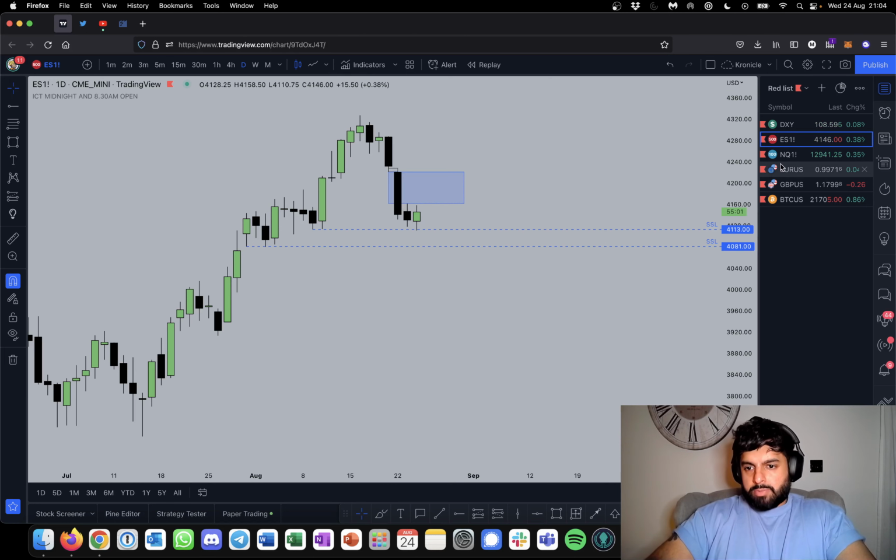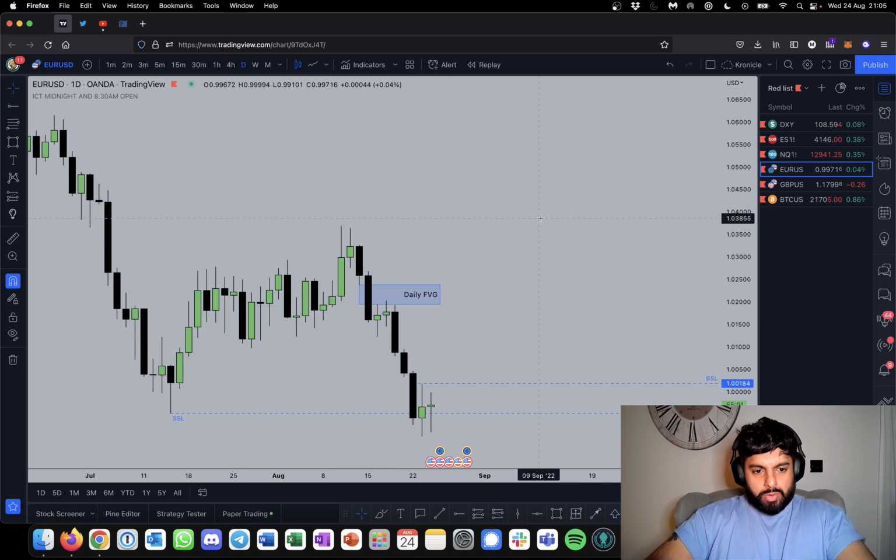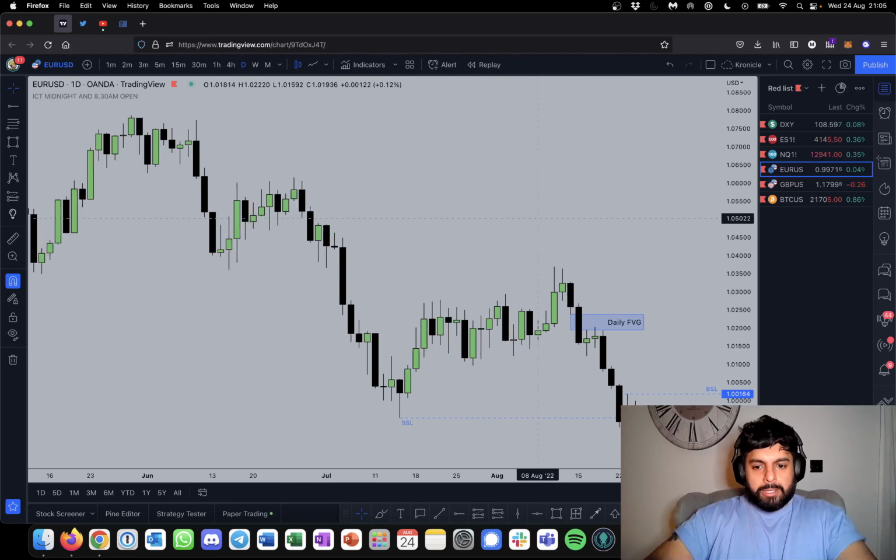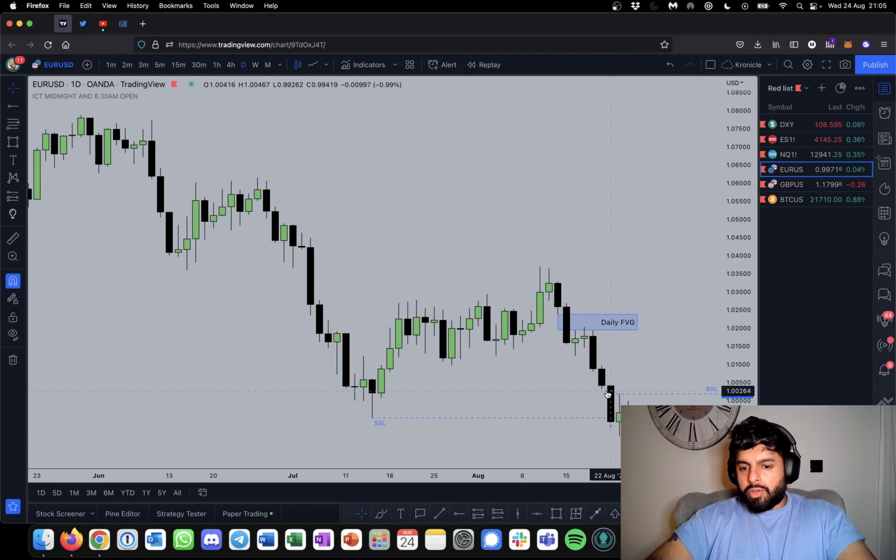In terms of the Forex markets, we've got the Euro USD. On the 22nd, on Monday, we had this sell side liquidity taken out.